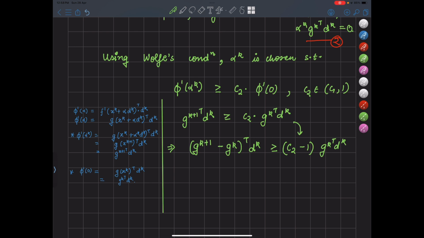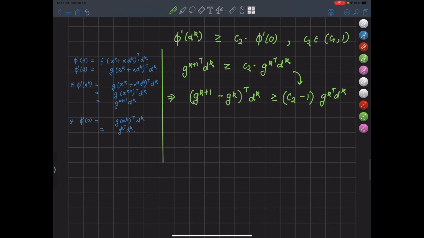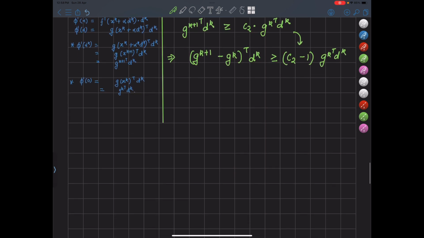That's what we did. Now to proceed further, we'll need one more assumption. Okay, so what is that assumption? Let's look at it. So the assumption is, let G be Lipschitz continuous.